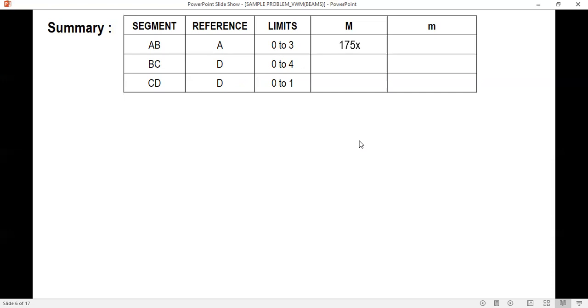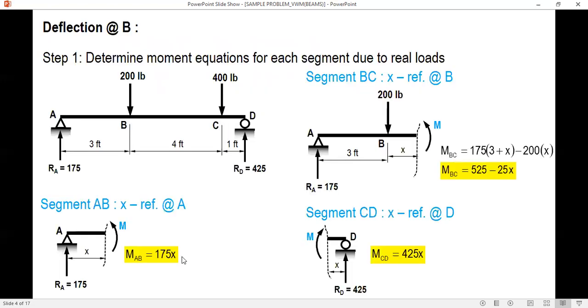So, this is the expression of M for segment AB. Now, for AB, since X is referred at A, the limits of X will be from 0 to 3. And for BC, since X is referred at B, 0 to 4. So you will not get confused.